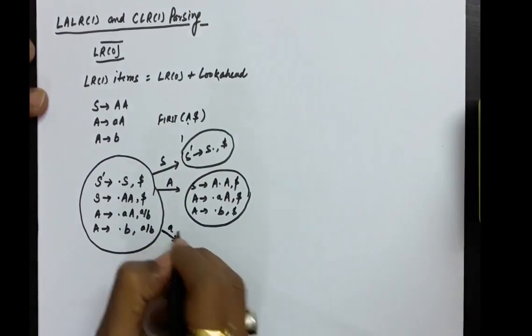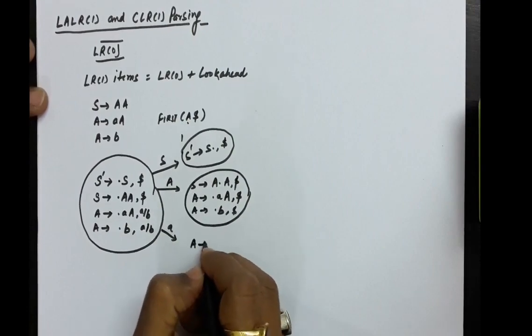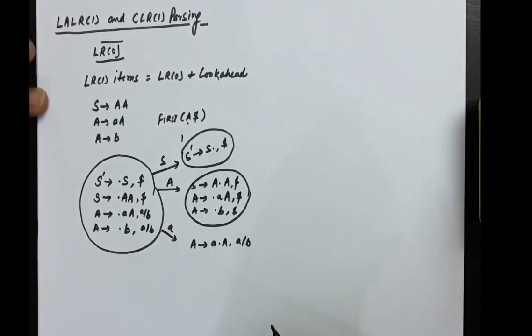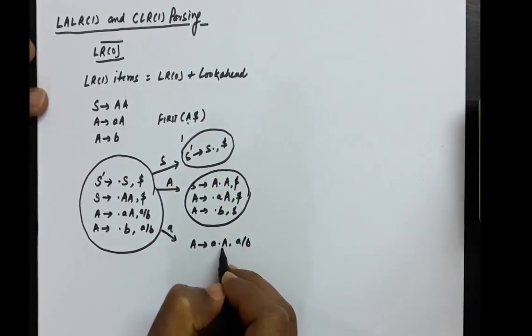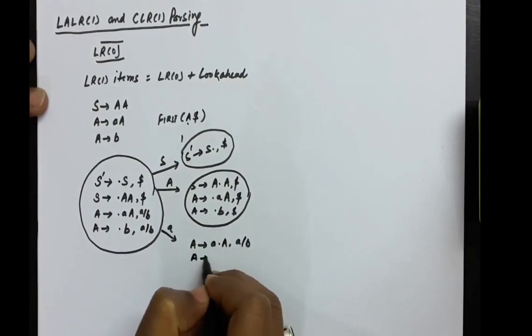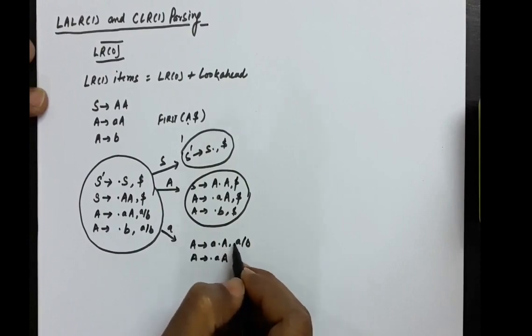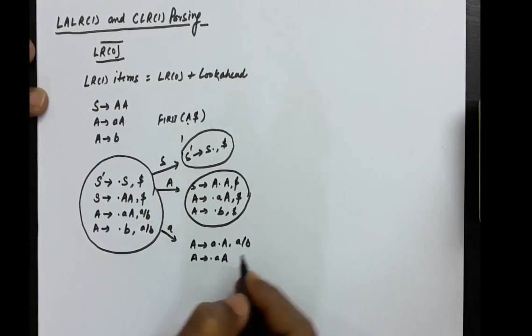Now with small a, A produces a dot A. The lookahead remains the same for this one, but the lookahead may change further. Starting with the capital A productions, A produces dot a A. Now you need to find the lookaheads of this particular production.